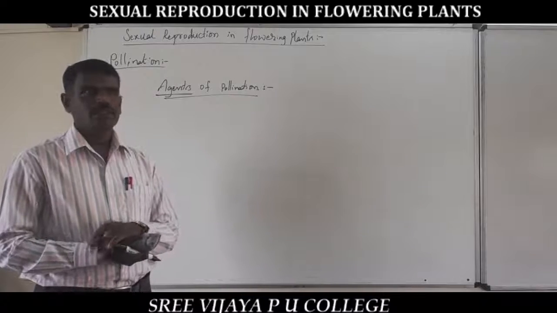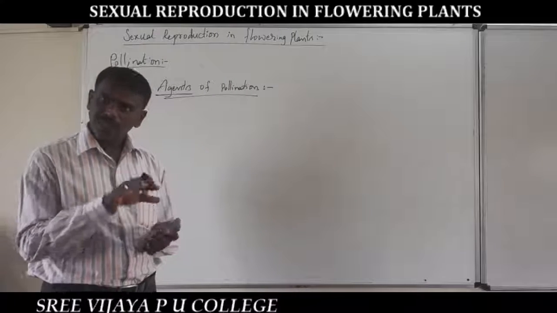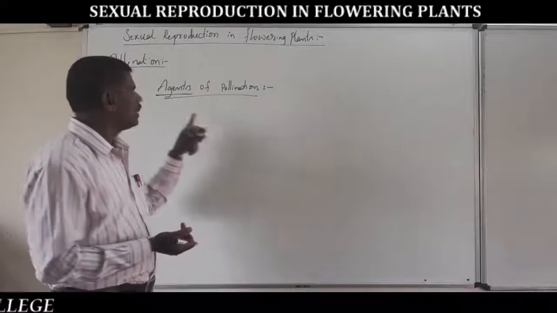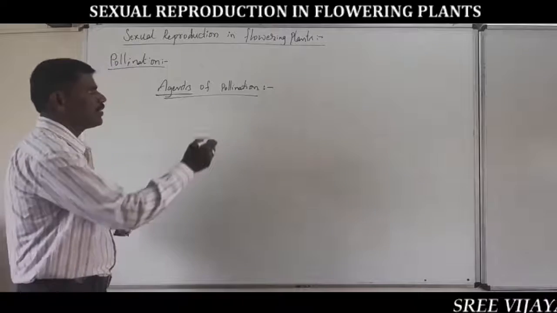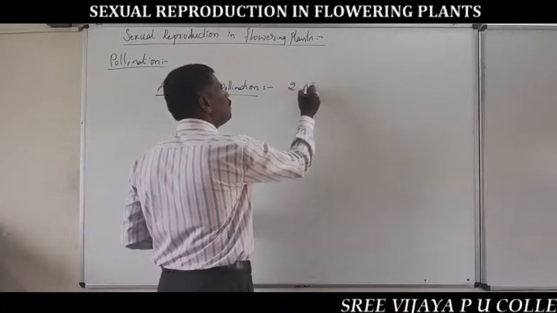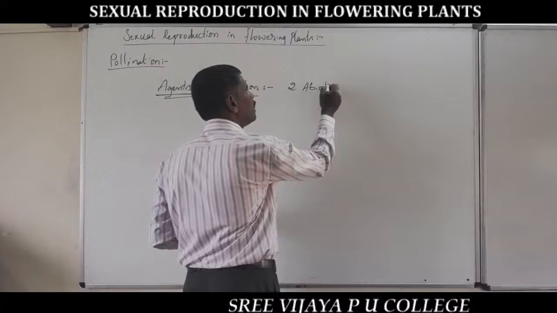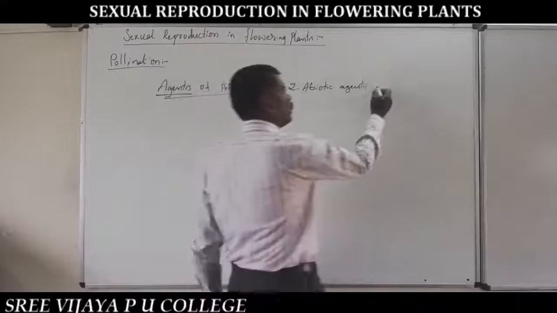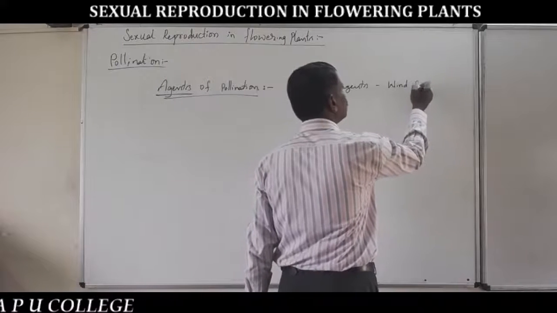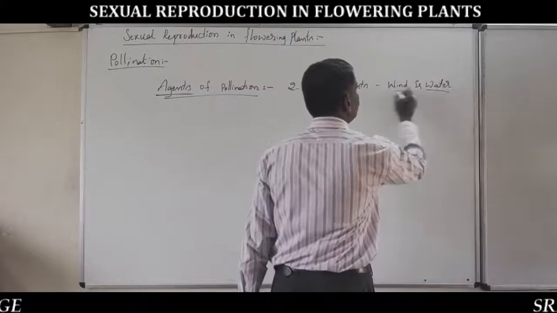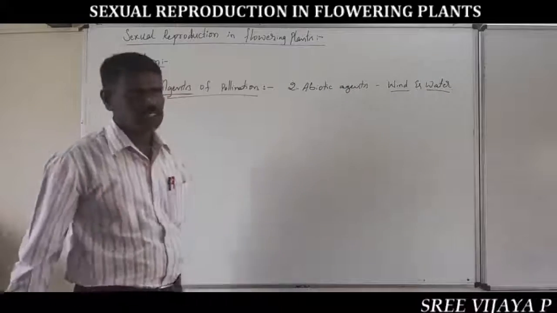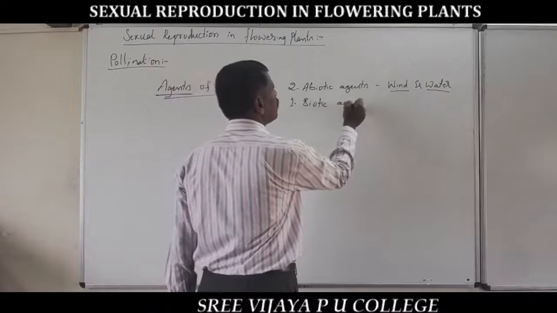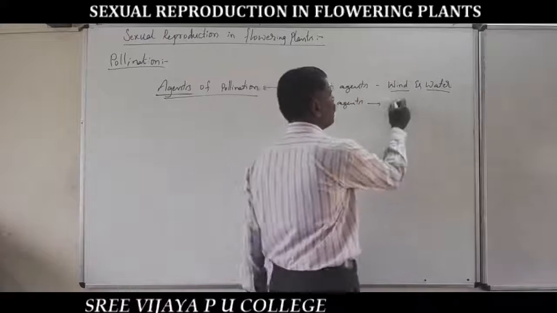In certain plants, it is not only biotic agents involved. There are three important agents, of which two are abiotic agents, that is wind and water. Wind and water are the two abiotic agents. One biotic agent, that is all the animals.